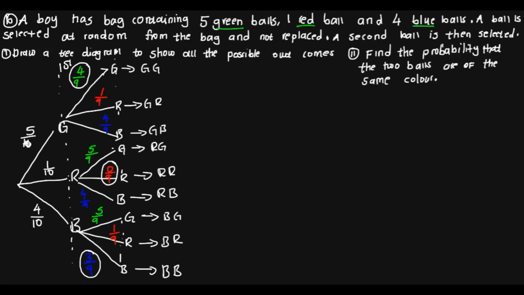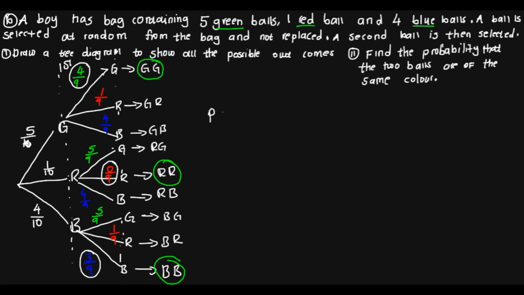If the question requires you to consider two balls of the same color, we look at where we have the same letters. So BB, GG, and RR. So we can now find the probability.